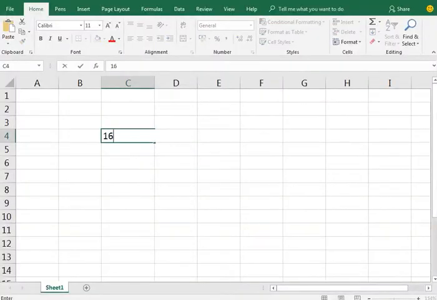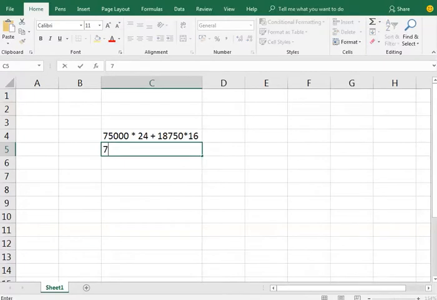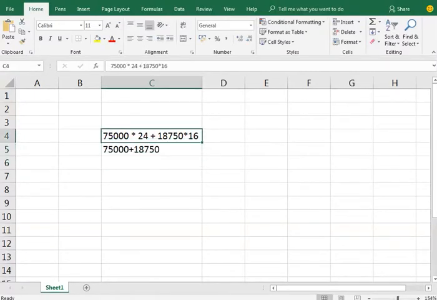into 16 rupees, divided by 75,000 plus 18,750.